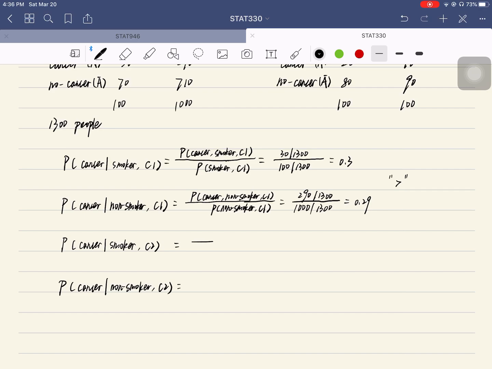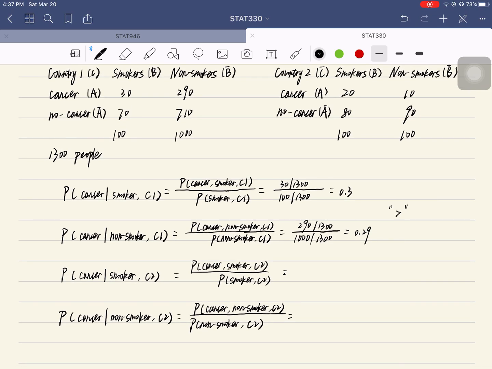Which is the probability of cancer and smoker in country 2, divided by the probability of smoker in country 2. Similarly, you have the non-smoker with cancer in country 2.